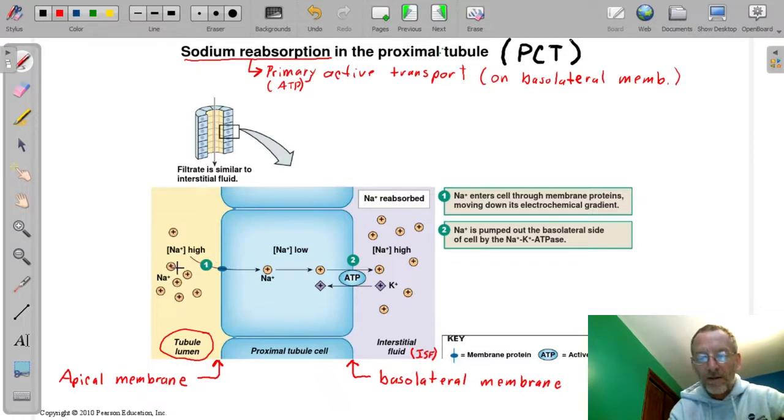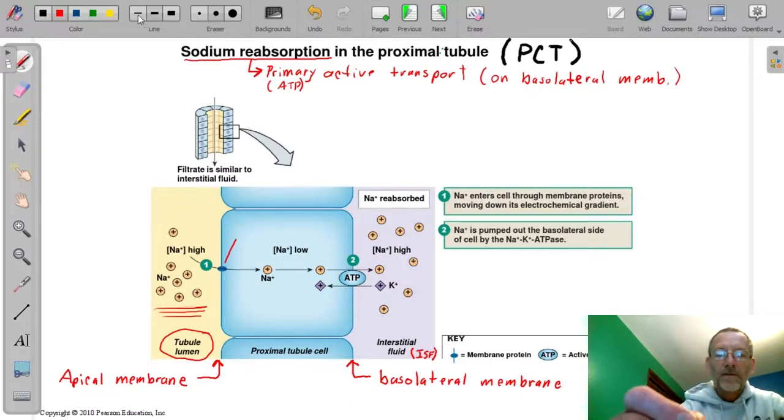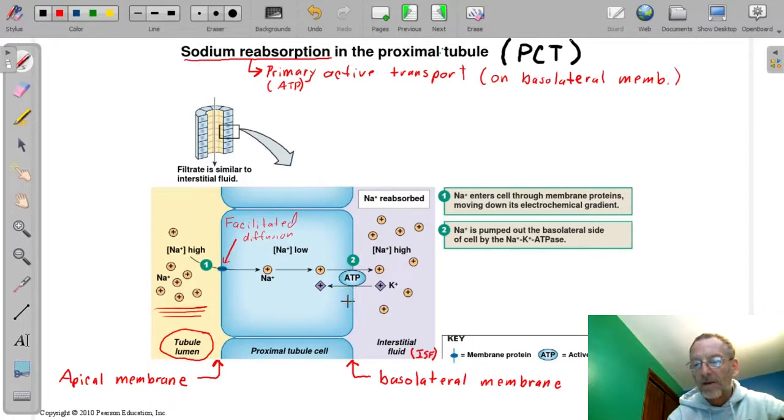There is the sodium that's in the filtrate, and one of the first things we need to do is reabsorb the sodium, so it enters the cell by facilitated diffusion, just straight down a gradient. Should look familiar to you. And then it gets pumped out by the sodium-potassium pump.